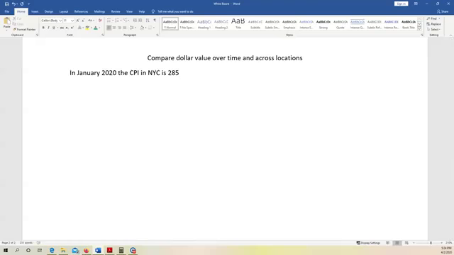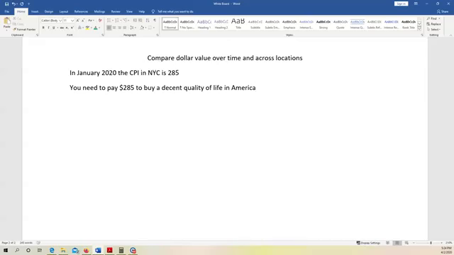So you can think of CPI as you need to pay $285 to buy a decent quality of life in America. That's intuition. That's not the scientific definition for CPI, but as a beginner, that's how you can think of the consumer price index, how you can think of that number.